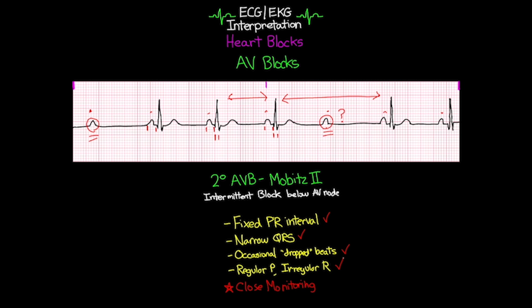And so with all these criteria met, we know that this would be a second-degree heart block, a Mobitz type 2. And again, to go back to our husband and wife analogy, essentially sometimes the husband comes home and sometimes he doesn't. When he does come home, though, he always comes home at the same time, but occasionally he just doesn't come home.